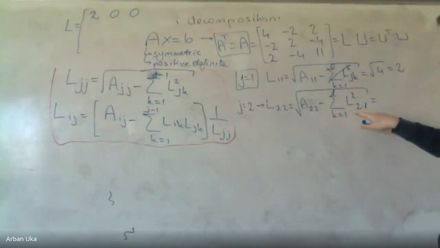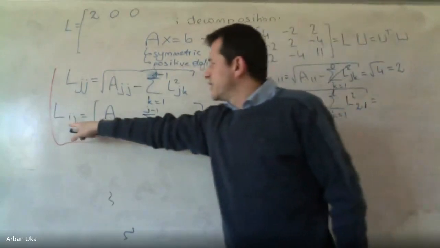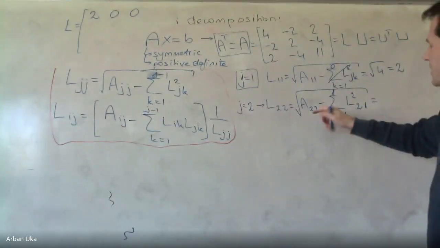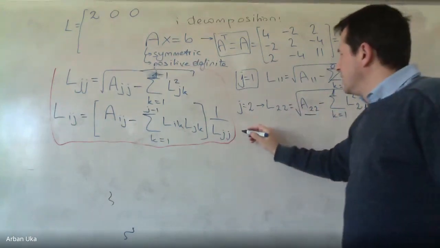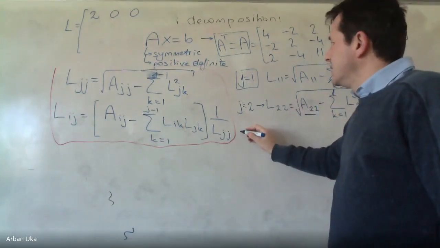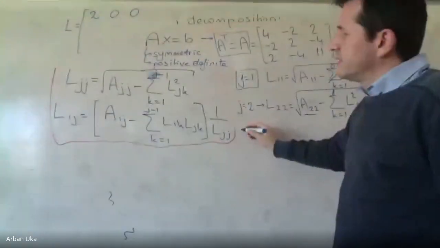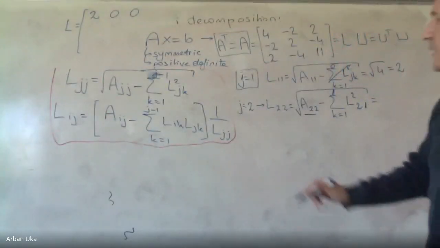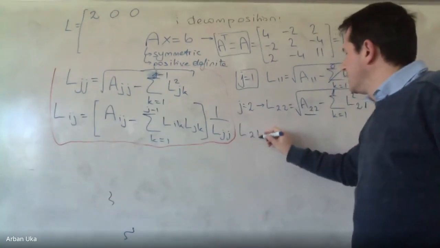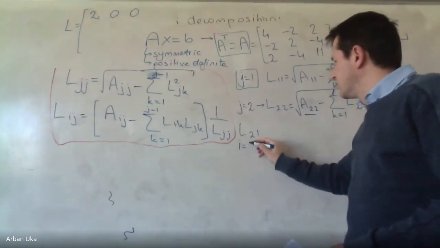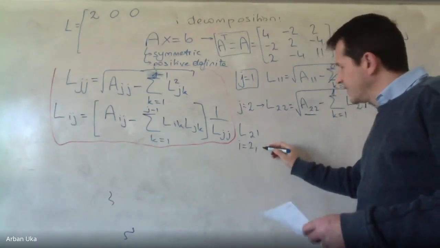But we don't know L21. So let's use this expression to find L21 and insert it here, because this is the only thing we know so far. For L21, I is equal to 2 and J is equal to 1.